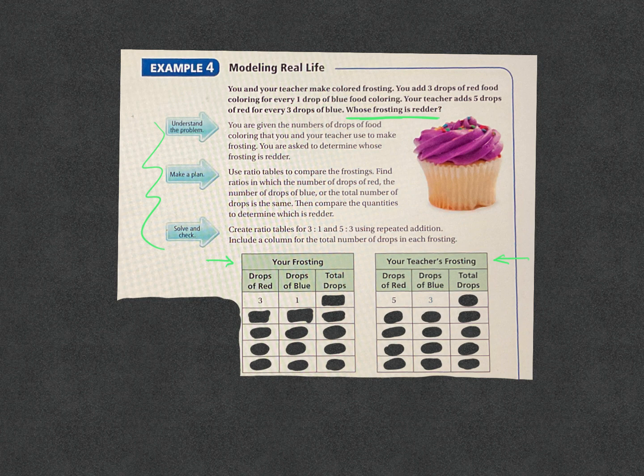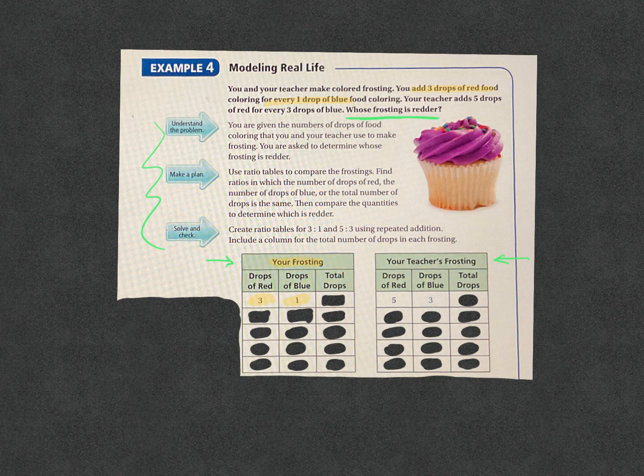All right. The first thing that we know is that you make frosting, and then you add in, I'm just going to highlight this here, 3 drops of red food coloring, which says it right here. And then for every 1 drop of blue food coloring, we have our drops of blue, and we put in 1 drop. That's for your frosting.